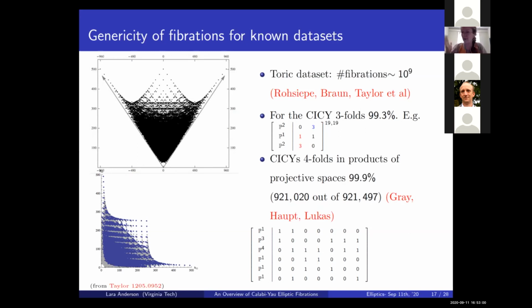So how do you tell that a manifold is fibered or not? The first pass is, if you look at a manifold, here's a CICY configuration matrix. Here is the ambient space. These two columns are telling you about the degrees of two complete intersection hypersurface equations inside this ambient space. And what you can see is that by the degrees, if I were to pick a solution to this first equation in red and then substitute it into the second, what I would get would be a cubic equation in P2.